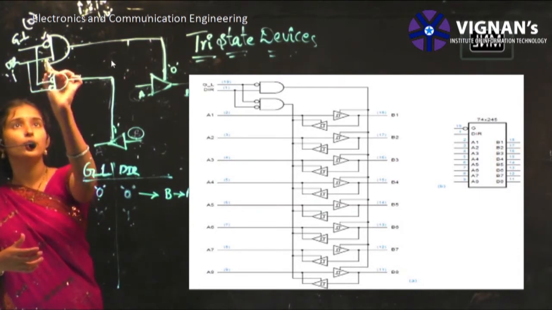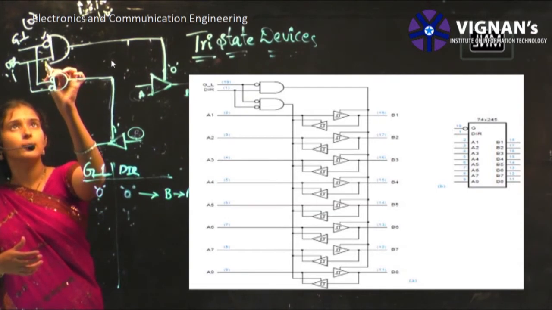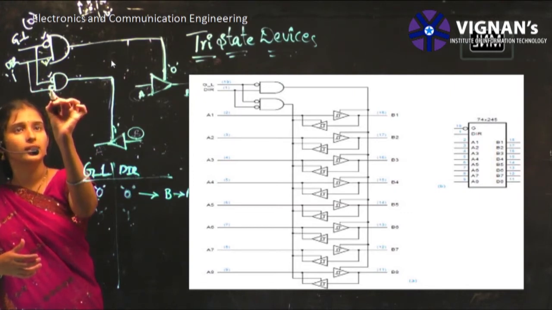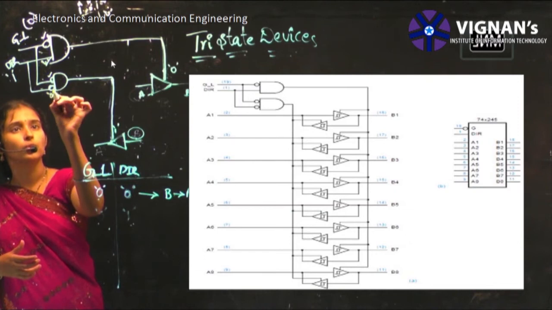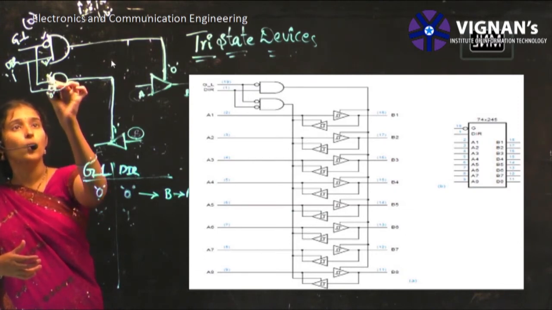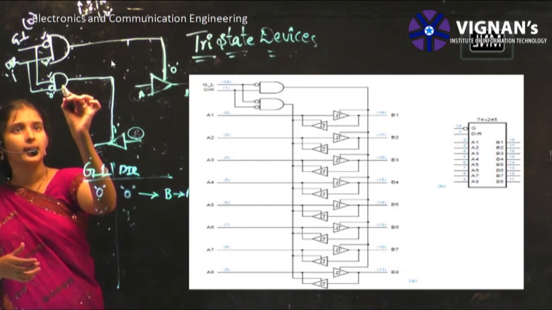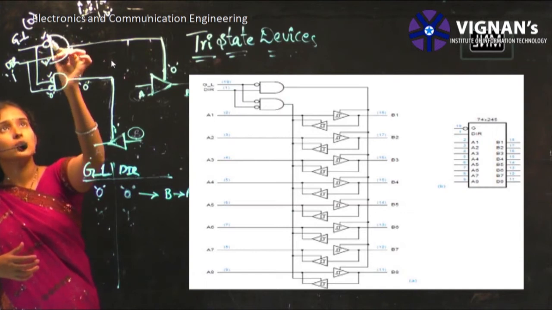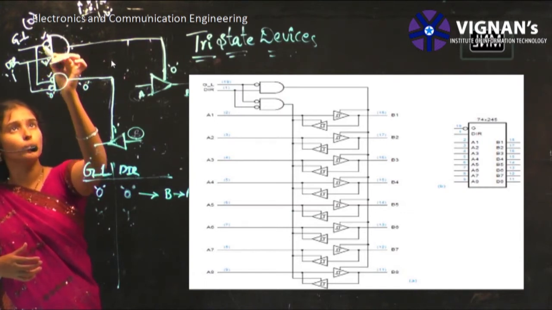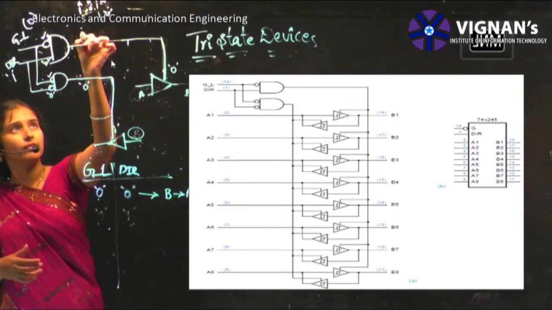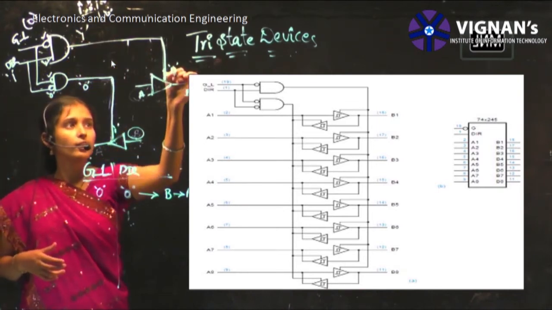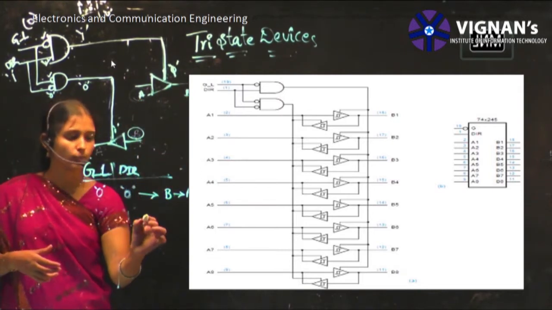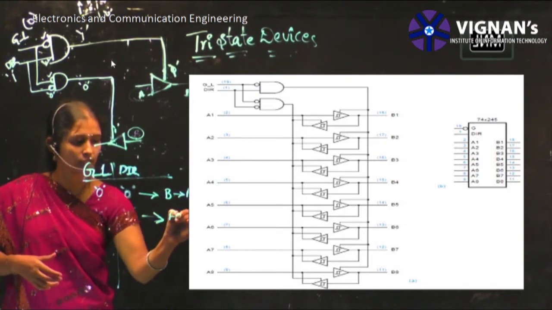At the same time, you are providing 1, so this is also active high. But 1 is given to this inverter, so its complement will be 0. So 1 and 0 to the AND gate gives output 0. Whereas here, both inputs are 1 and 1, so the output will be 1. This 1 will be provided to the enable input, so the data is now transferred from A to B.